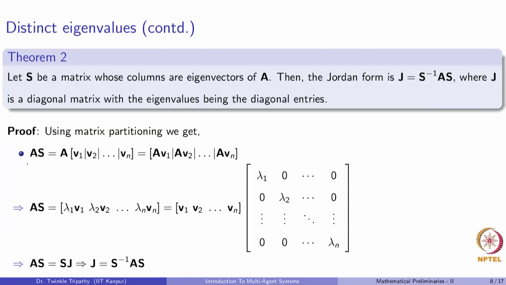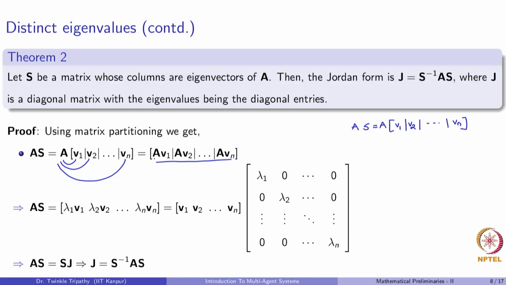We start with the matrix S, which, to remind you, consists of all of the eigenvectors as its columns. Now, let us left multiply A to it. So, then as you can see, it simply gets multiplied by each of the columns here, meaning it can be simplified in this manner.